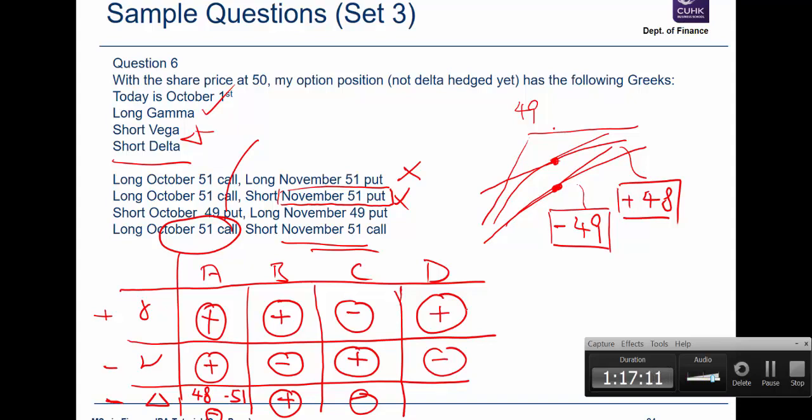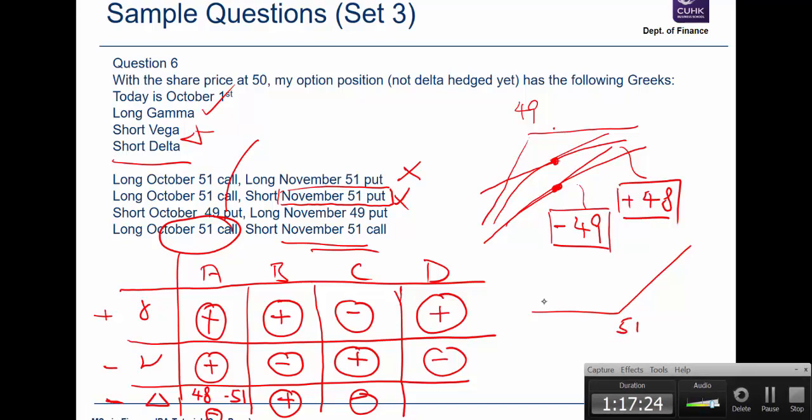And as for delta, now it's the other way around. You are dealing with options at strike 51.